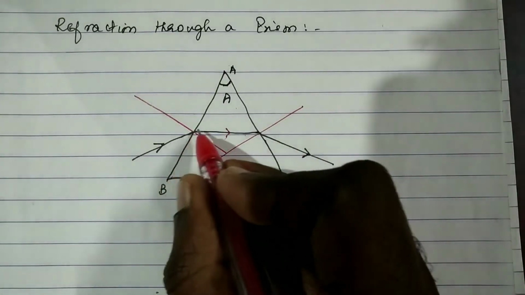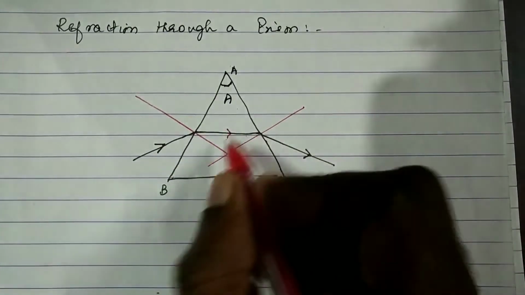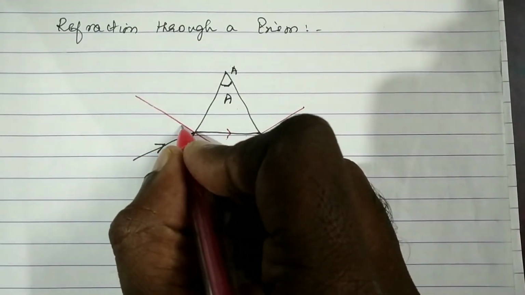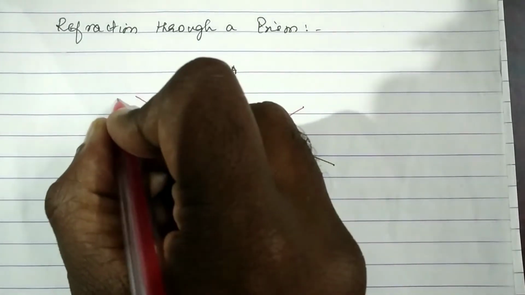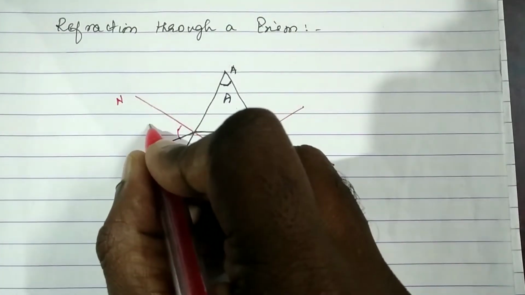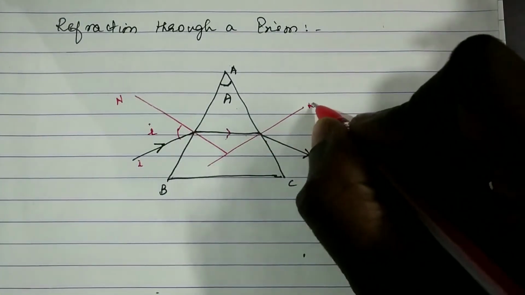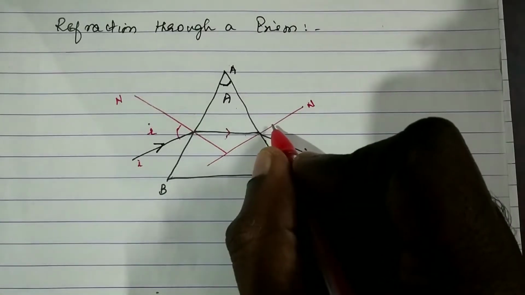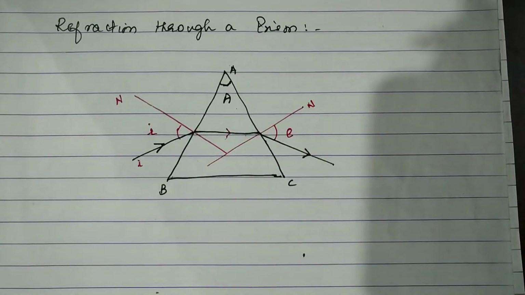So this is the ray that is refracted through a prism. Now the angle the incident ray makes with the normal is the angle of incidence. Again in this face, this is the normal. The angle the refracted ray makes with the normal is called angle of emergence.